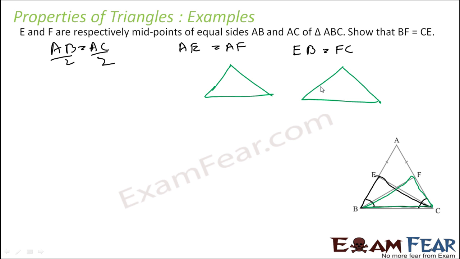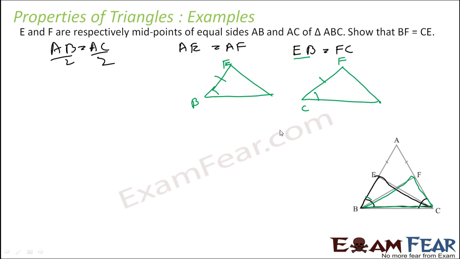We know that EB and FC, and we know that angle B is equal to angle C. So let's put C here, because these angles are same. And then from B you make E, so BE, and BE is equal to FC, so make F here. These two sides are equal.